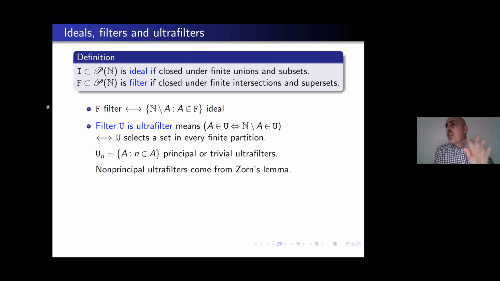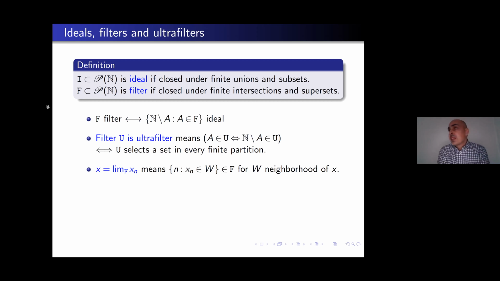Let me also recall the notion of limit of a sequence through a filter, or through an ideal. This means that x is the limit of x_n through F if and only if, whenever I take a neighborhood of x, the indices of the sequence that fall in the neighborhood belong to the filter.